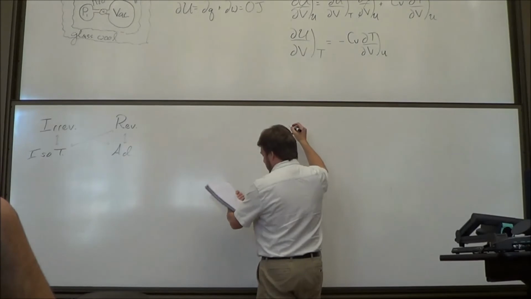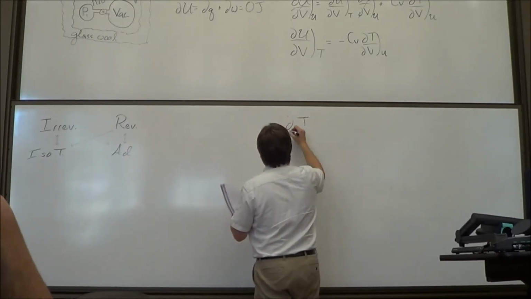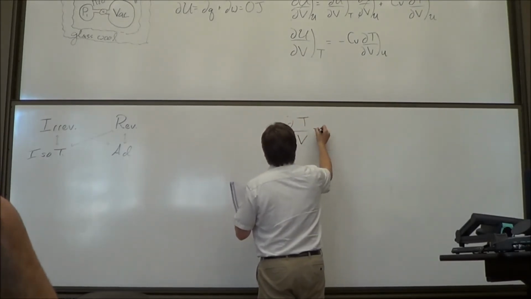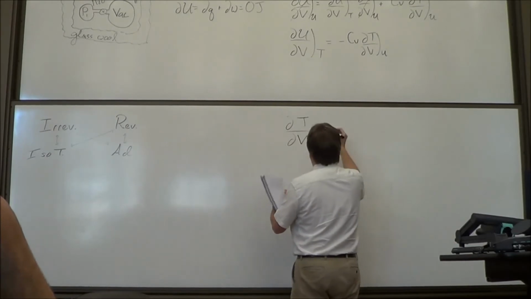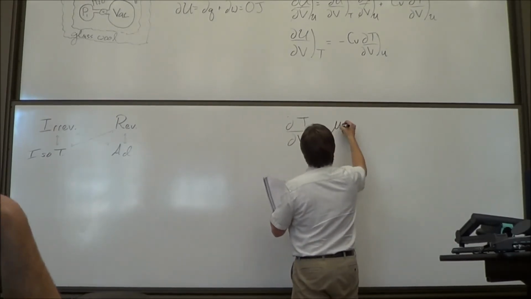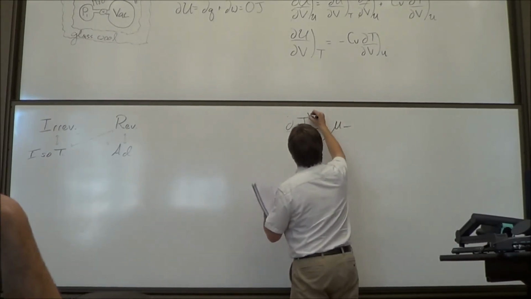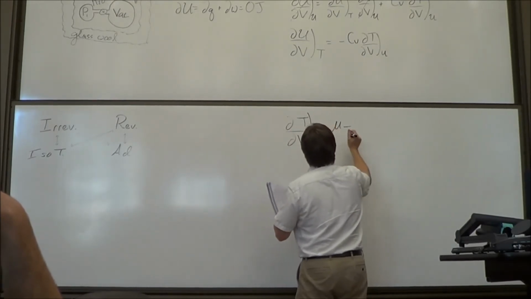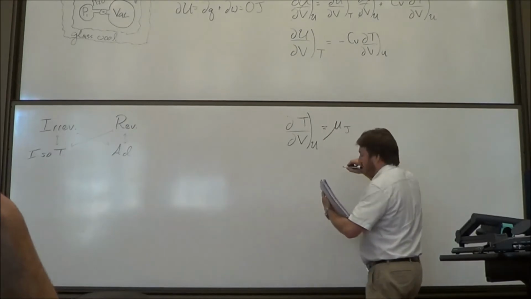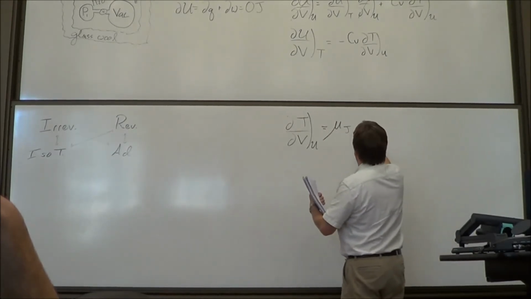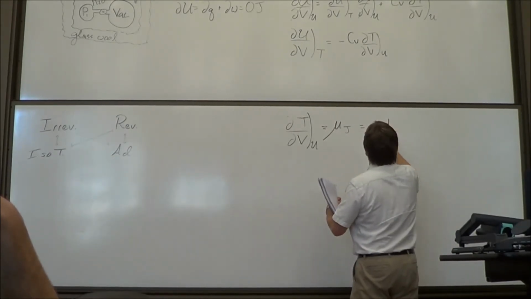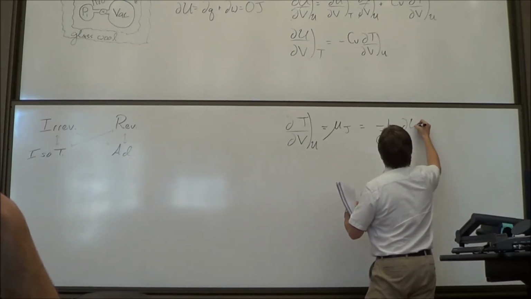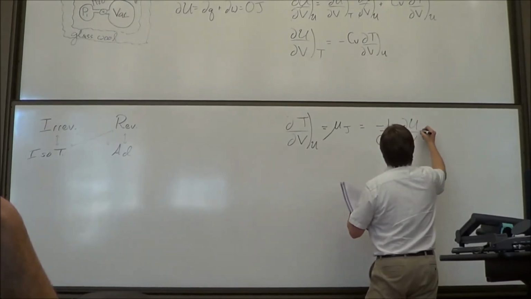Actually, here, let me write that Joule coefficient, because remember, we're really looking at dT/dV. Sorry for my weird juggling of the algebra. And it's dT/dV at constant U. It's given this funky little symbol, mu, and of course it's minus 1 over CV, dU/dV at constant T.